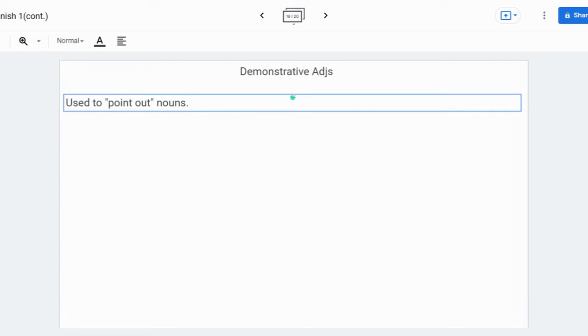However, once we've gotten that out of the way, let's start with demonstrative adjectives. This is actually going to be going in my Spanish 1B series because it's slightly more advanced than the stuff I put in my introduction. For example, it is slightly more advanced than, say, progressive tense.